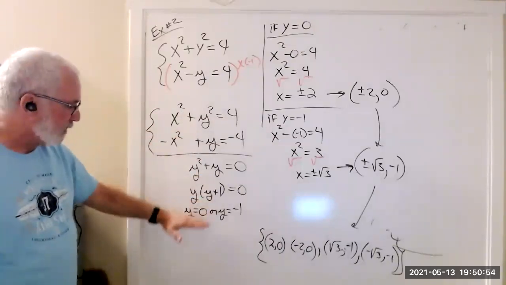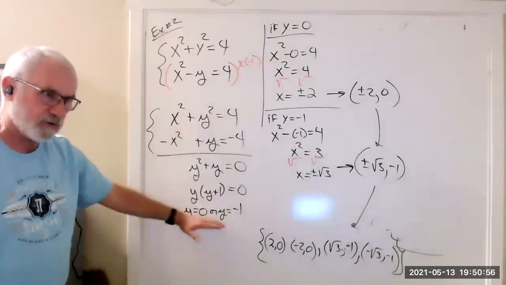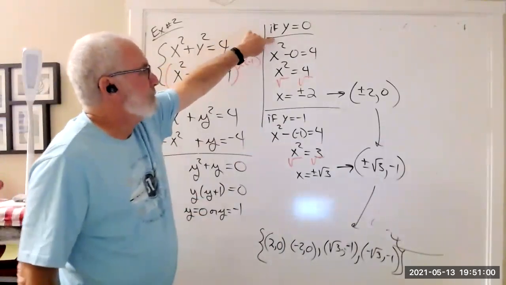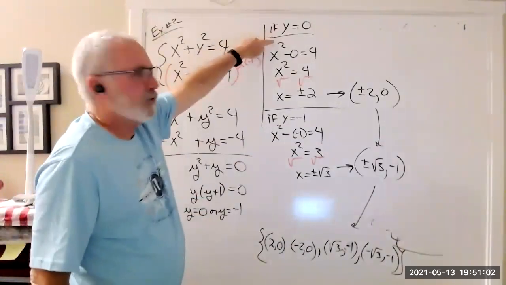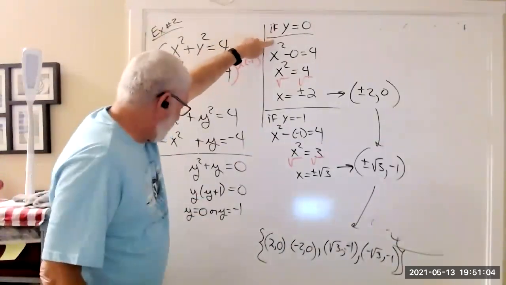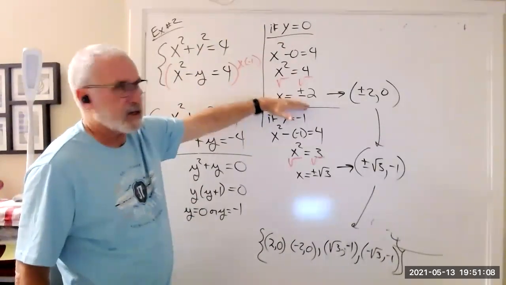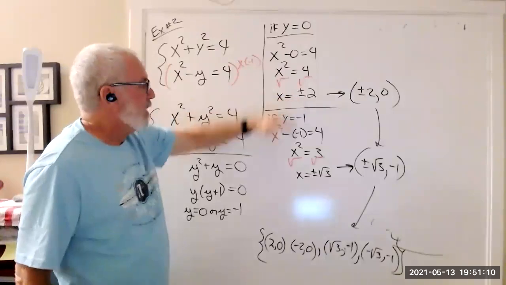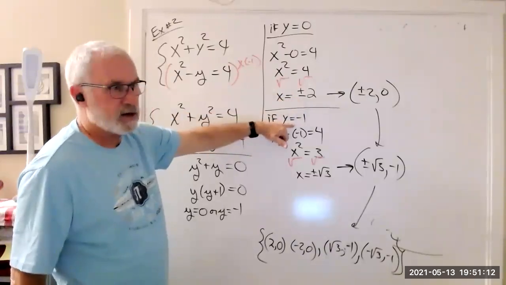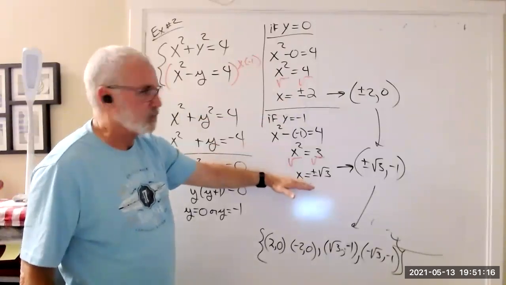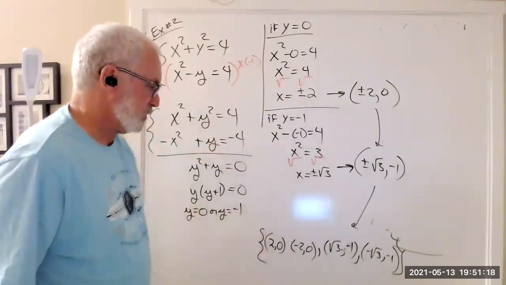Then I factored it and got 2 y answers. Then I have to say, okay, if one of my y answers was 0, what does that imply x was? Got to do a little bit of algebra there. If one of my y answers was -1, what does that imply x was? A little bit of algebra. I got 4 possible answers.